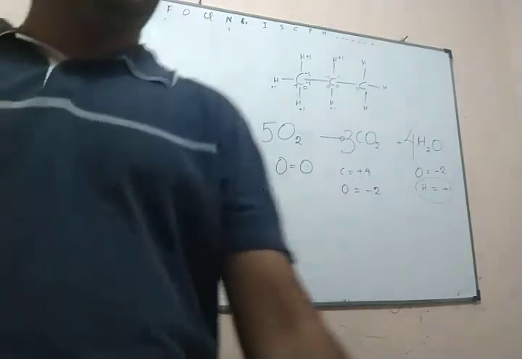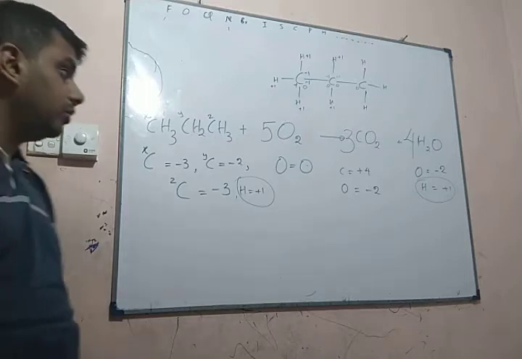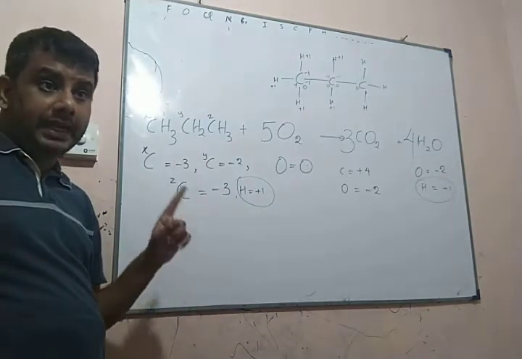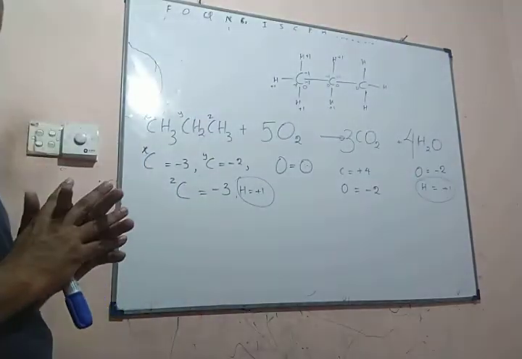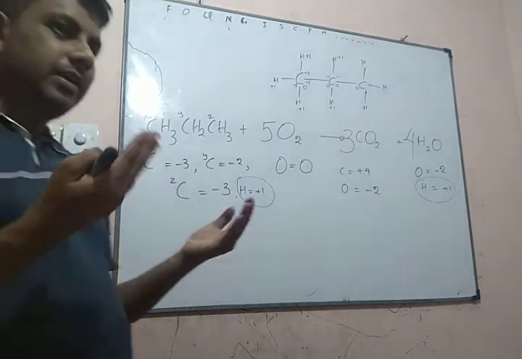Right? The oxidation state of hydrogen does not change. So hydrogen has no role in this reaction. Hydrogen has no role in redox reaction. Redox reaction means what? Electron transfer.